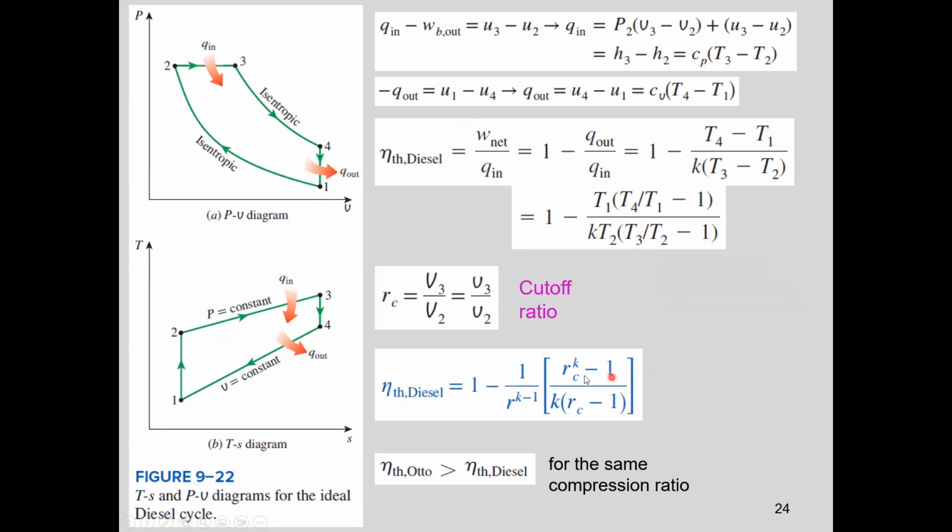If you mathematically analyze the effect of RC, which is the cutoff ratio, the higher the cutoff ratio, the lower the efficiency of the diesel cycle. When RC is equal to 1, what happens? When cutoff ratio is equal to 1, what does that mean?